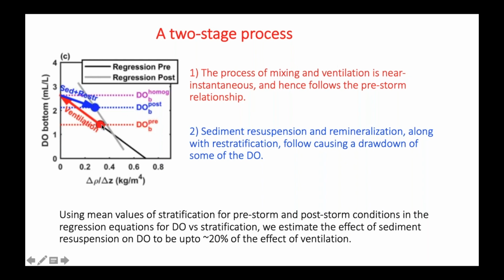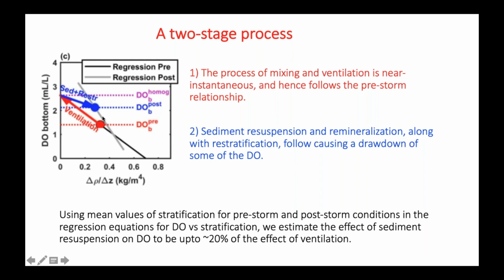And we can verify that using the temperature and salinity profiles. You start with a stratification here, and then you go to near zero stratification, following the trajectory of the pre-storm regression equation. So you're going from here to a dz close to zero.